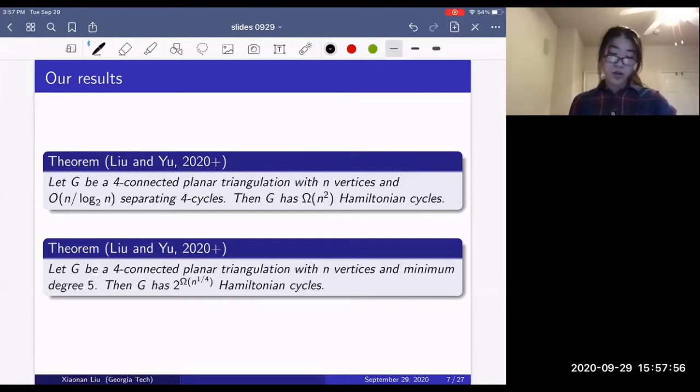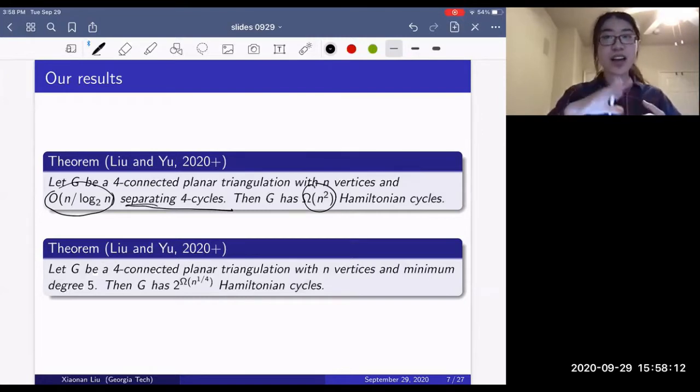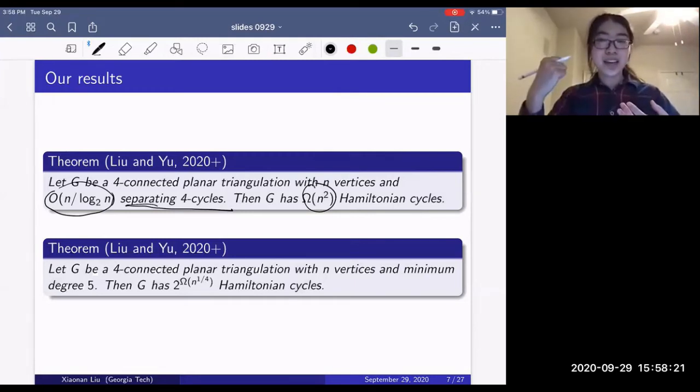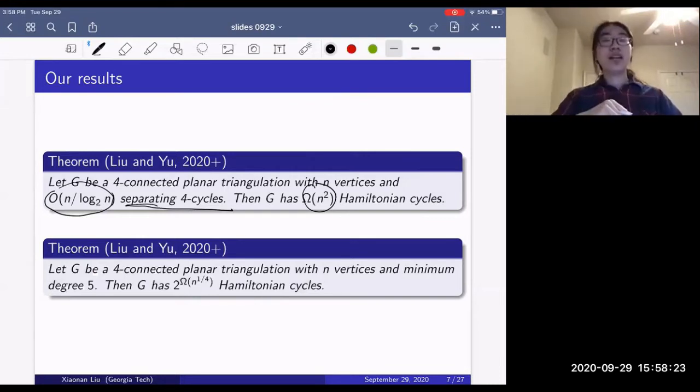So this theorem improves Liu's work, this bound and this bound. Also, I want to say that a separating 4-cycle is, first, a cycle of length 4, and if we delete this cycle from the graph, it will be disconnected. Then this 4-cycle is called a separating 4-cycle.